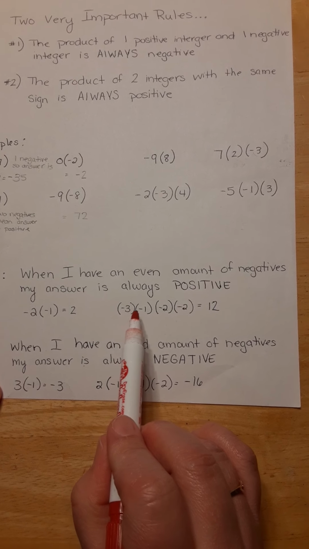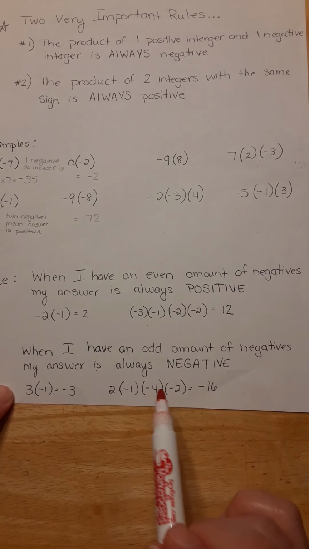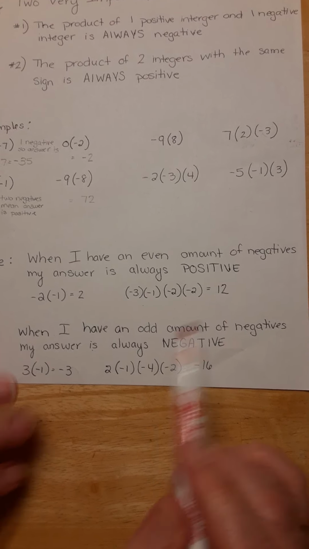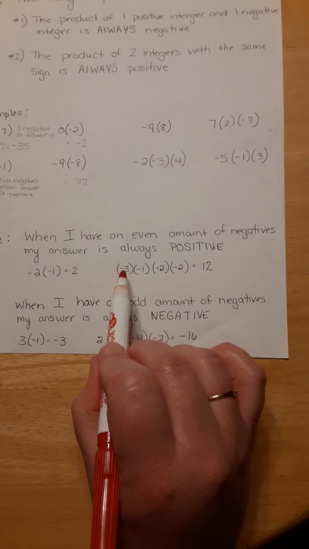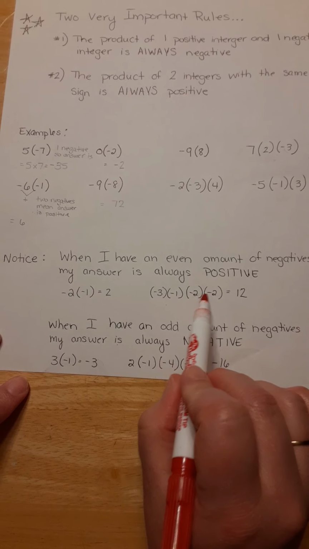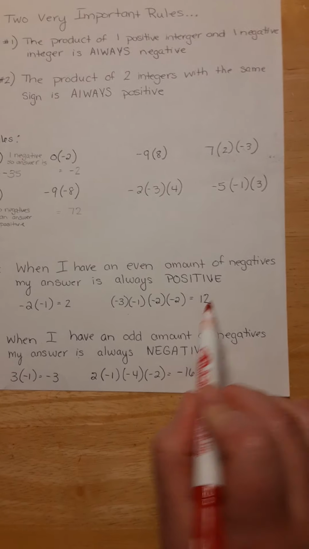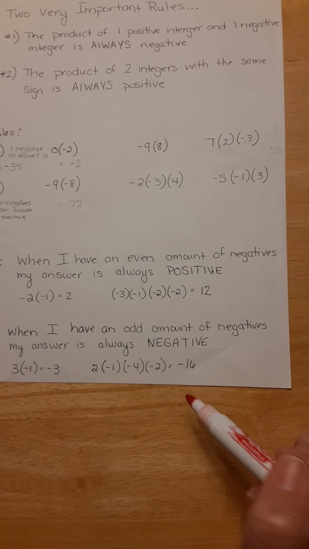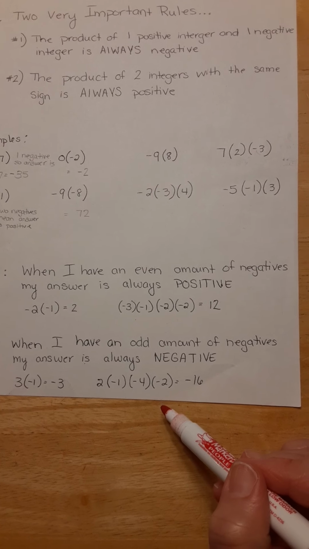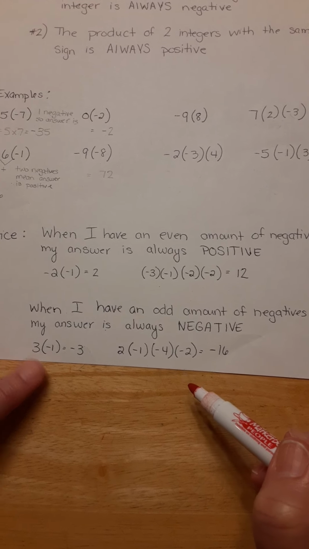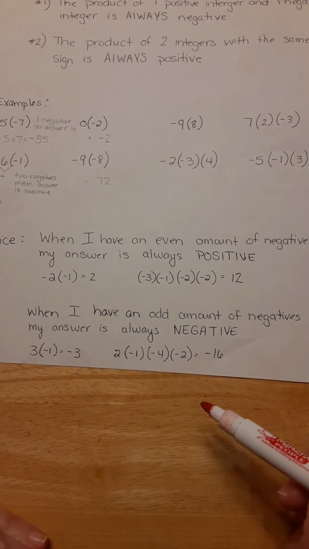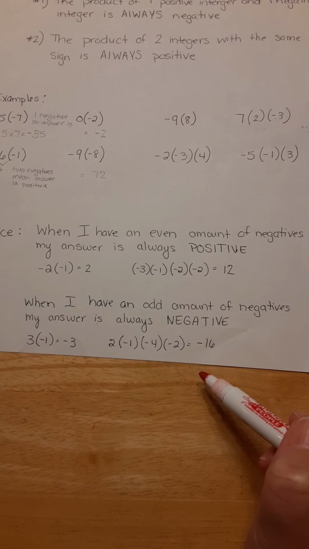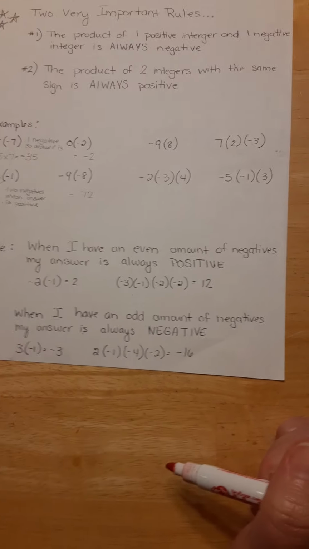Whenever I multiply by an even amount of negative signs, so 2, 4, 6, 8, my answer is always going to be positive. And the same goes for when I'm multiplying an odd amount of negative signs. So if I have 1 or 3 or 5 negative signs, my answer will always be negative. Okay, so that's a nice little shortcut that we do.